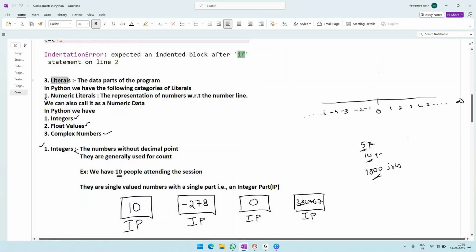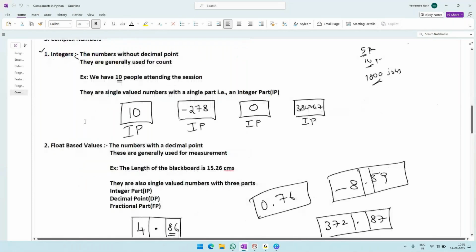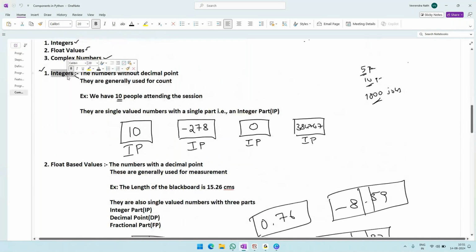Then we talked about literals. Literals are nothing but the data parts of the program. We take up the first one, numeric literals. Under numeric literals, we had integers. Integers are nothing but single valued numbers with a single part, known as the integer part.